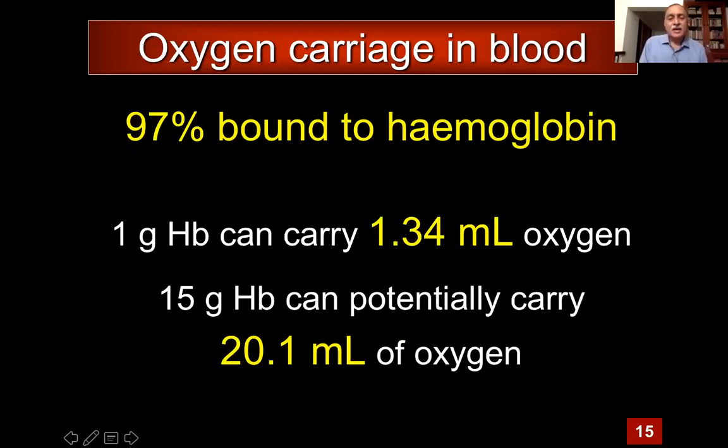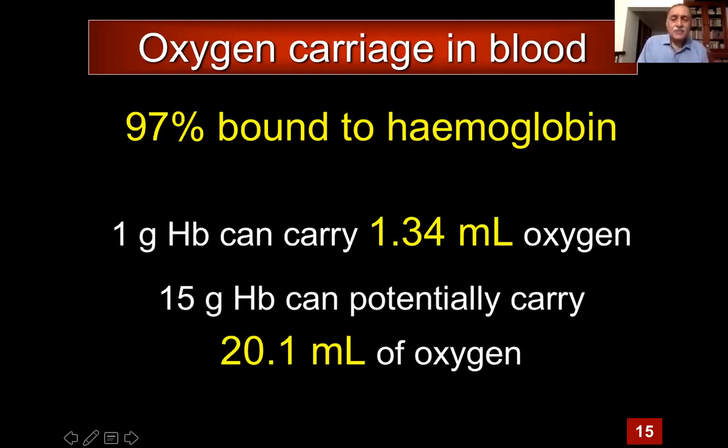And if we take our full hemoglobin complement to be 15 grams per 100 ml of blood, multiplying 15 by 1.34 gives approximately 20 ml of oxygen. So the oxygen carried bound to hemoglobin, which is 97% of the oxygen carriage in blood, amounts to roughly 20 ml of oxygen attached to hemoglobin.